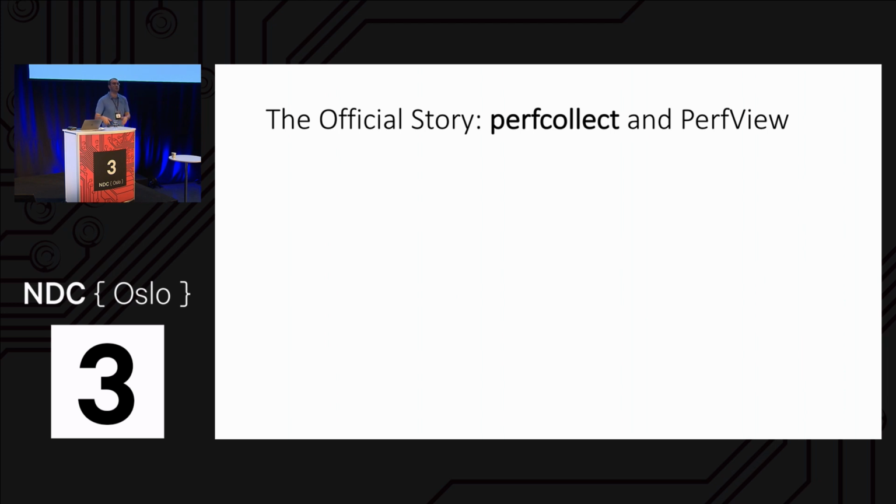Like, how are you supposed to do this sort of performance investigation if you look at the official documentation? I'm smiling because it's funny. So the official story is that you go to a website and you download a script called PERF collect. And it's a pretty long bash script, which was written by a performance engineer on the CLR team. And it's fairly isolated and standalone.